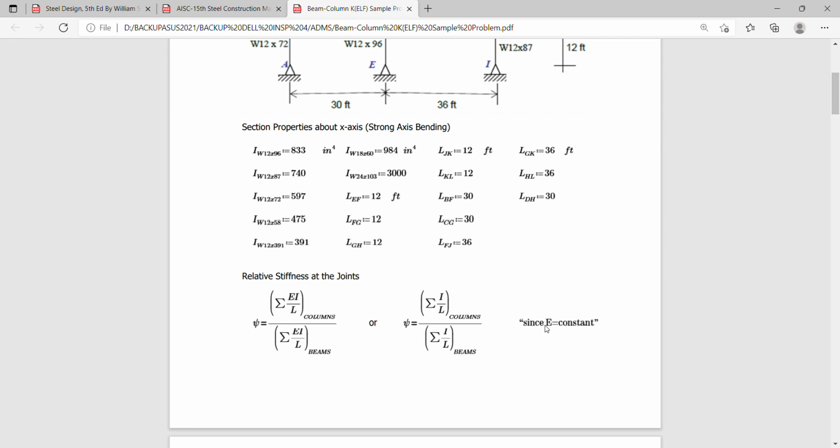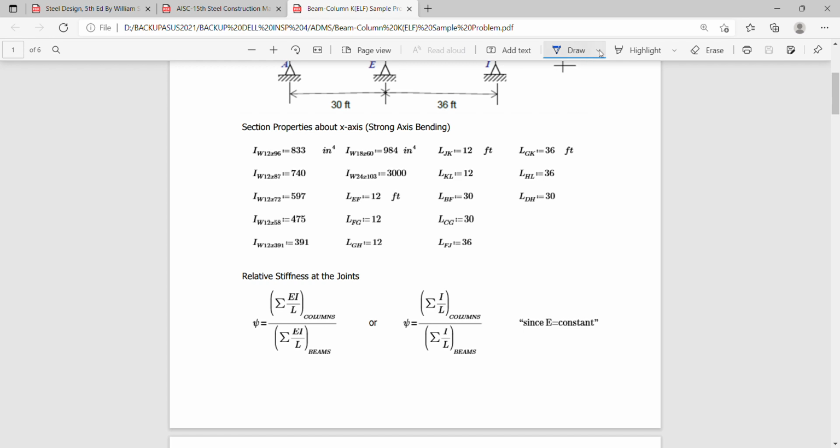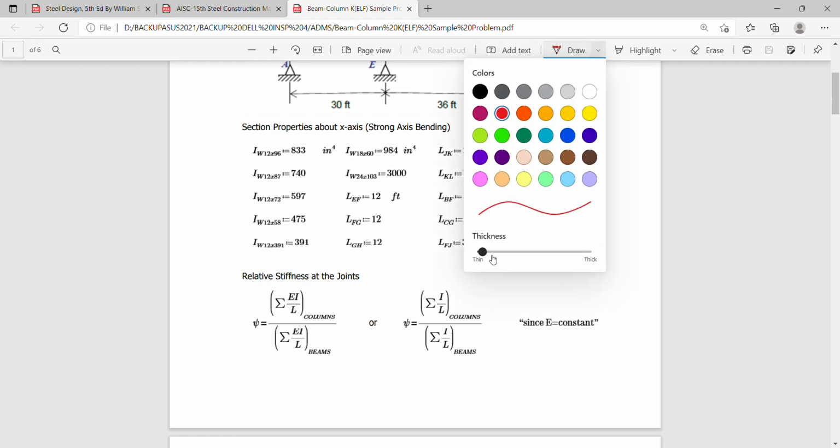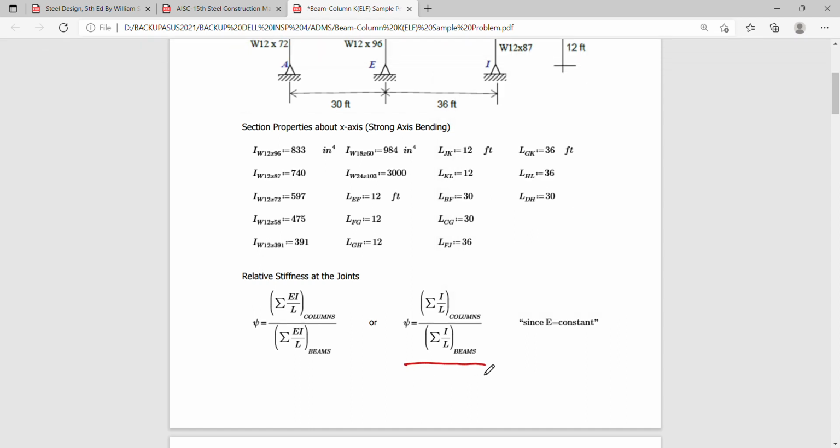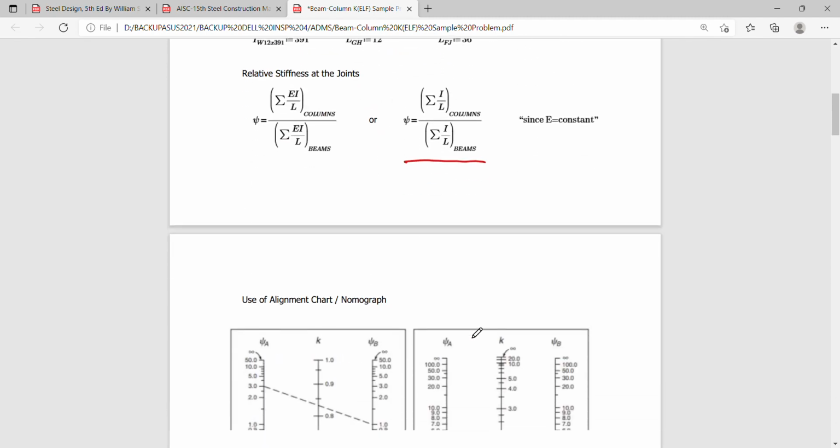If the modulus of elasticity of the frame members is the same or constant, the formula simply reduces to the summation of I over L of the columns all over the summation of I over L of the beams, which gives you the relative stiffness at the joint.